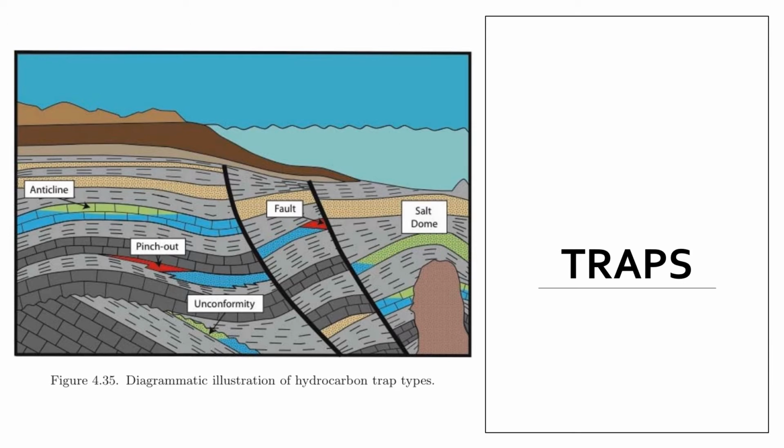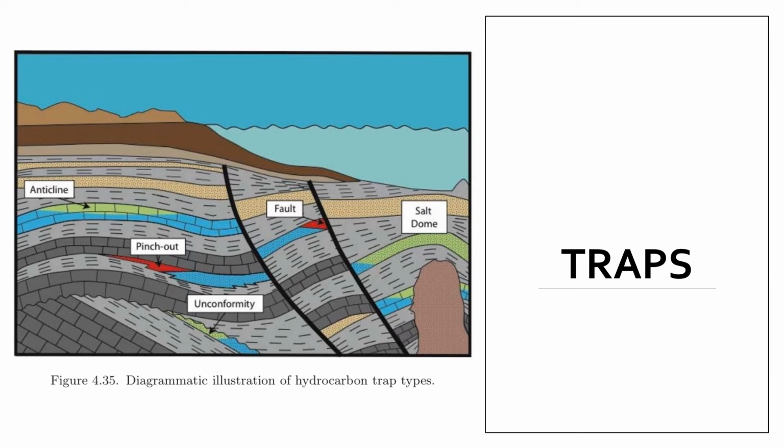It depends on the infill material of the fault. It could be highly permeable. In this case, I think the fault has an infill of fine materials like clay, so it is actually trapping the oil and gas in here.